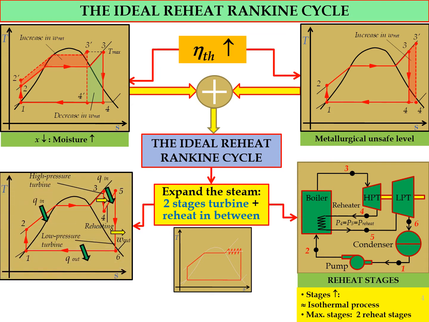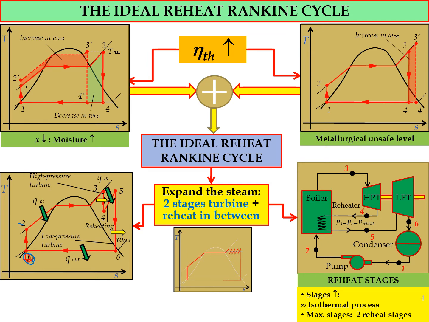And this is the TS diagram of the ideal reheat Rankine cycle. As you can see here, we have process 1, as shown in the simple diagram on your right hand side, which is the state before the pump.